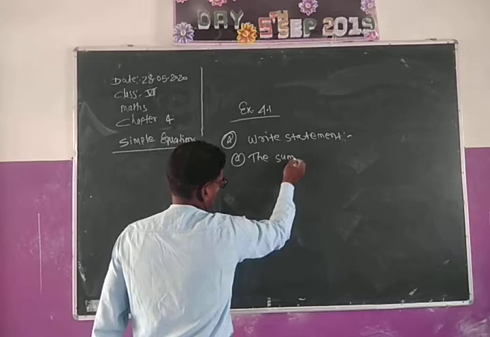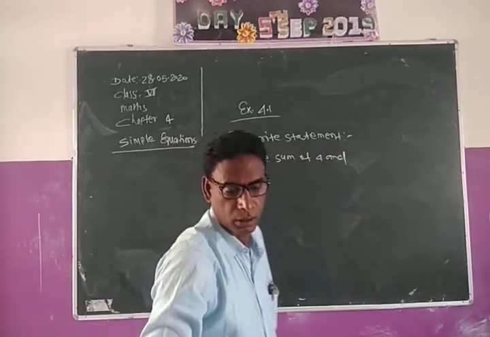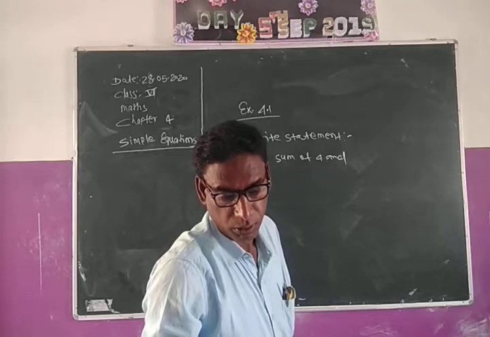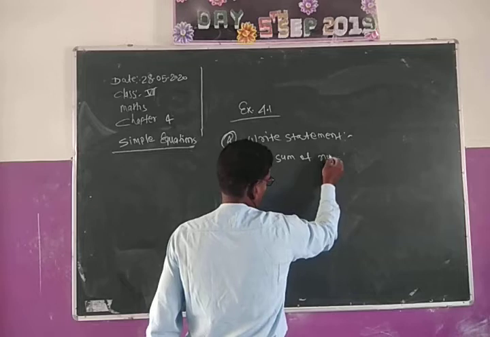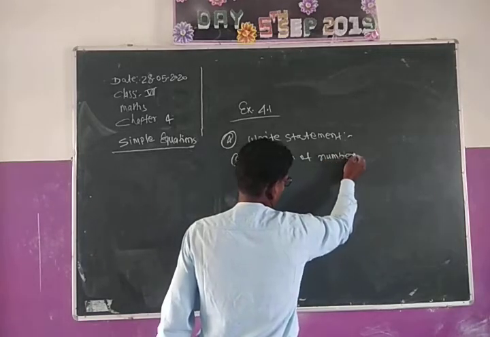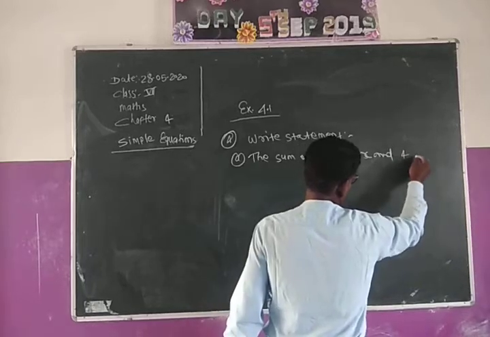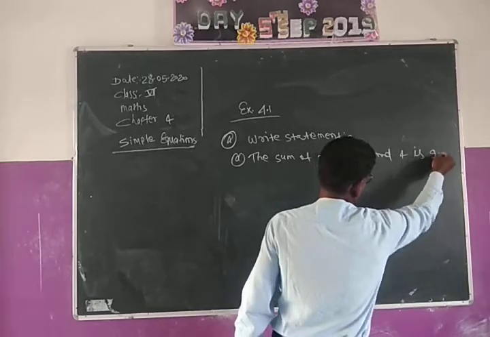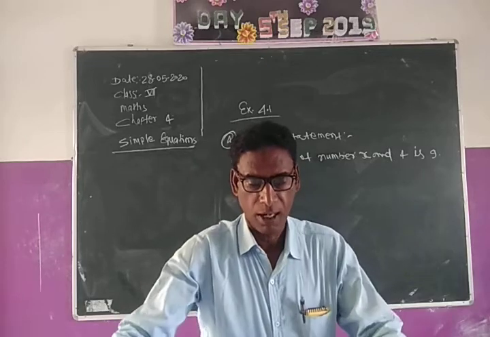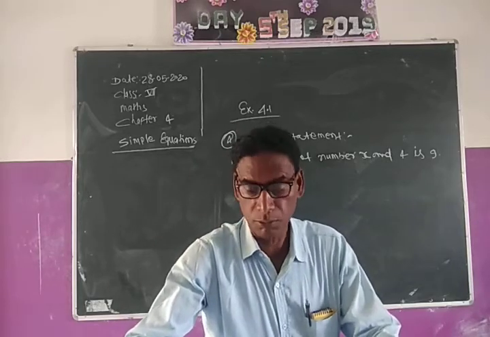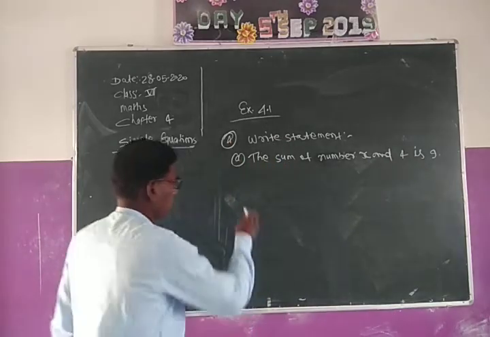The sum of number x and 4 is 9. It is a question, and you are able to write only the equation.